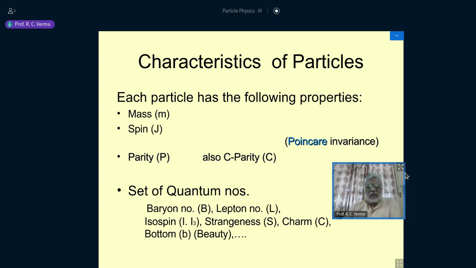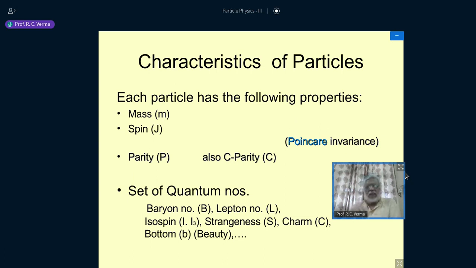The first category is baryon number and lepton number, which probably most are familiar with. Then we have heard about isospin, given to us by Heisenberg to understand the near degeneracy of neutron and proton.